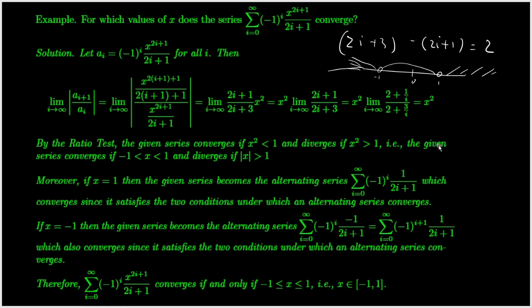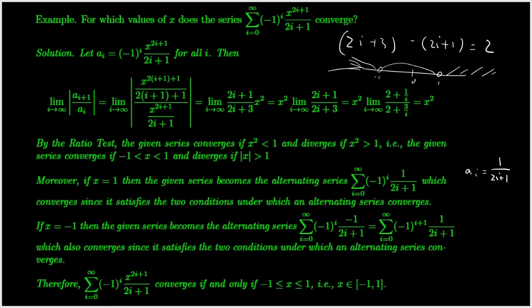In this particular case, I'm going to use the alternating series test to determine if that series converges or diverges. That's why you need to identify a_i. In this particular case, do not include the signs. Okay, a_i is formed using 1 over 2i plus 1.